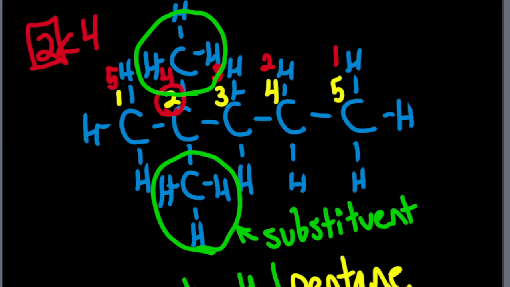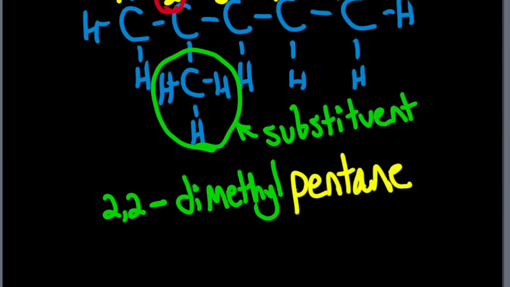I wouldn't just say 2-dimethylpentane. I would say 2,2-dimethylpentane. I'm designating the location by the number of the carbon atom to which they are attached. And because both of these are attached to the second carbon in that chain, I have to indicate that number. That's IUPAC rules. Let me show you guys. 2,2-dimethylpentane.